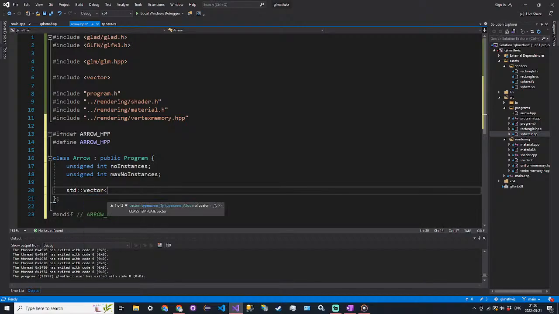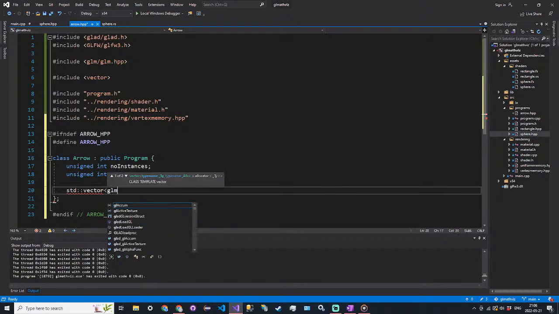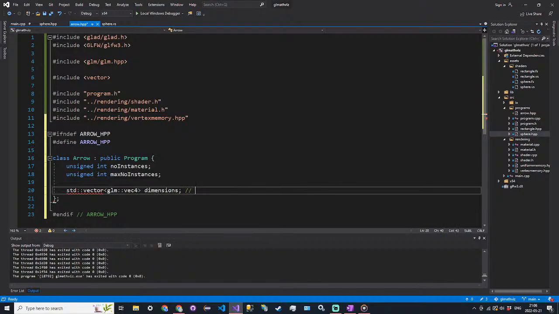To keep things compact, we're going to compose our dimensions into just one vector, so a list of floats, essentially. We're not going to use it as a vector for calculation. We're going to decompose it into its individual floats, but still. So it's going to be a list of 4D vectors, dimensions. And this is going to have the magnitude, the arm radius, the head radius, and the head height.